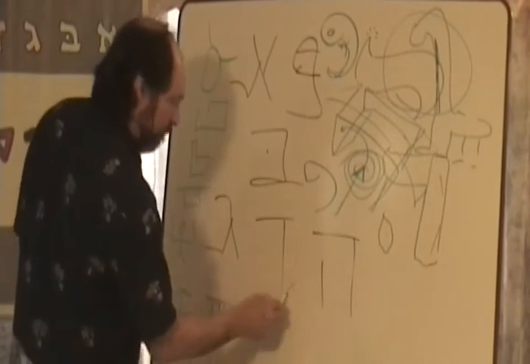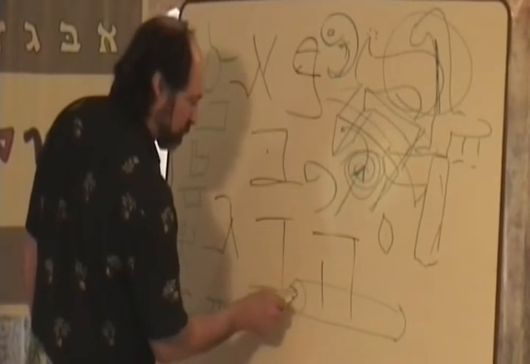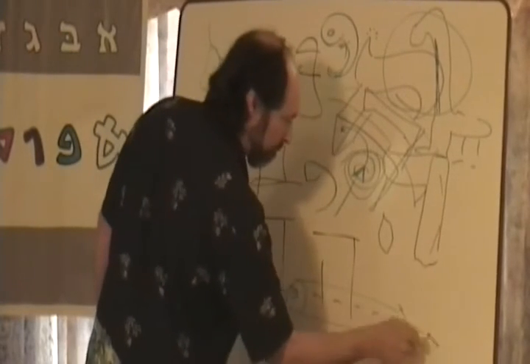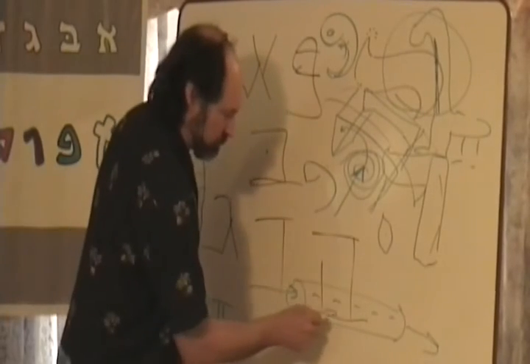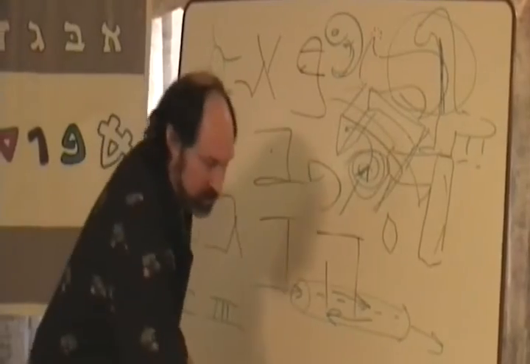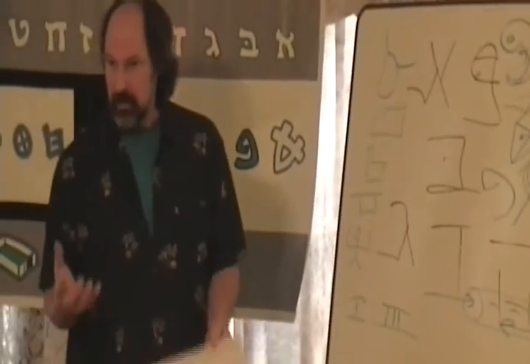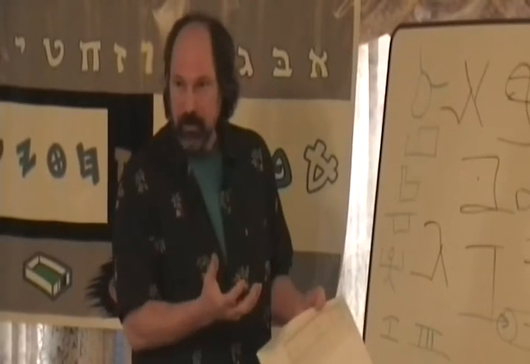So a pipe that stuff flows through is a gimel. A road that you transport cars on is a gimel. That which the camel carries, the object that is being carried, is also a gimel thing.